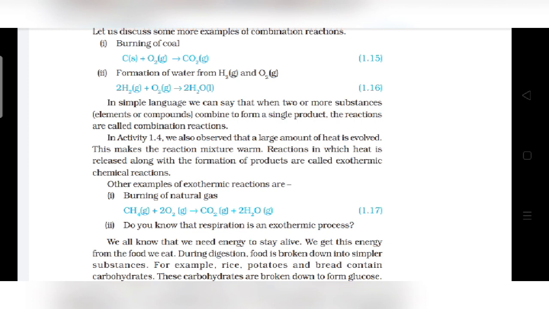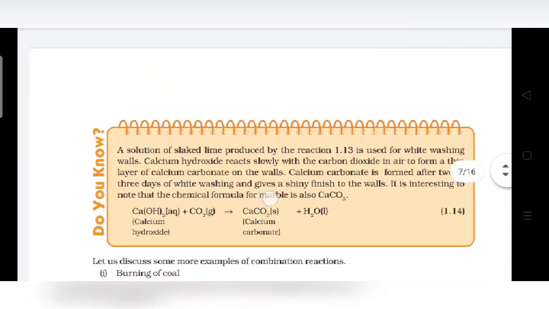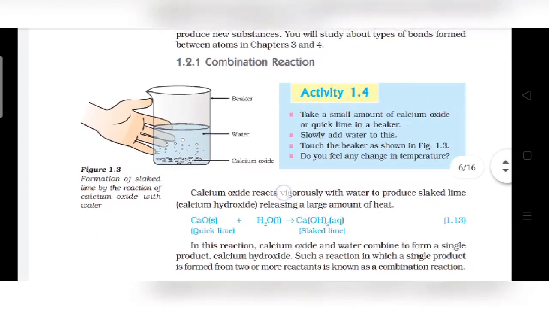Remember students, one definition for 1 mark might be asked: a reaction in which heat is released along with the formation of products is called an exothermic chemical reaction. So in the 1.4 activity, the last question was, do you feel any change in temperature? Yes, because the reaction is exothermic and while forming the product some amount of heat is evolved.